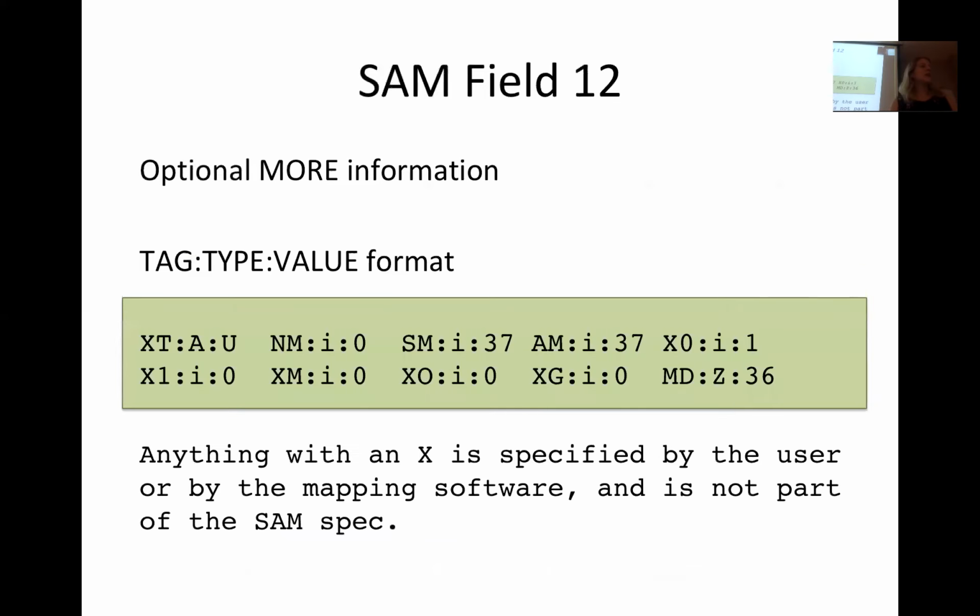And then this optional more information. And this is very much like the header, where you have just tons and tons of really cryptic 2-letter codes that software packages tend to use. Some use some codes, some use other codes. It's not always super standardized, but you can go in and look all of these up in the specification. For the most part, we're just not going to worry about these because there's a ton of them. They differ for every read mapping software. But variant calling software will often use these to determine important information.